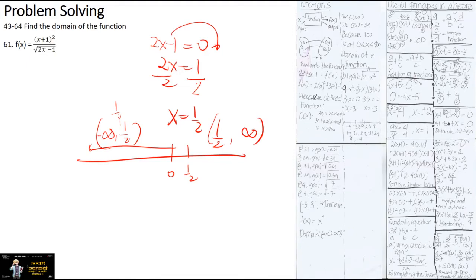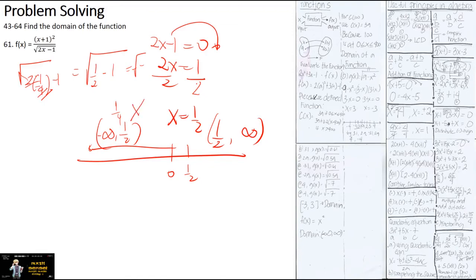Pag sinubstitute mo dito yung 1/4, magiging 2 times 1/4 minus 1, that will be square root of 2 divided by, ito makakancel, magiging 1 half over 1. Negative. Square root of negative. Kasi 1 half is less than 1. Okay, so hindi ito pwede.